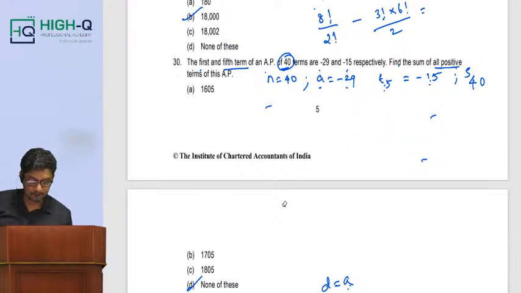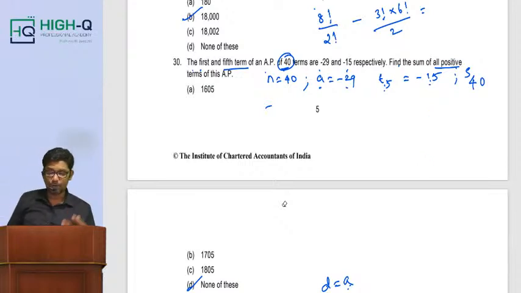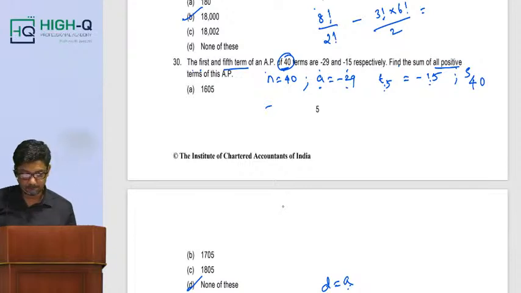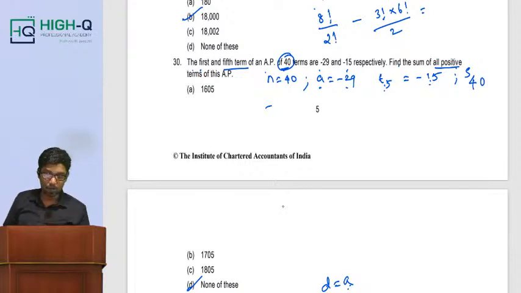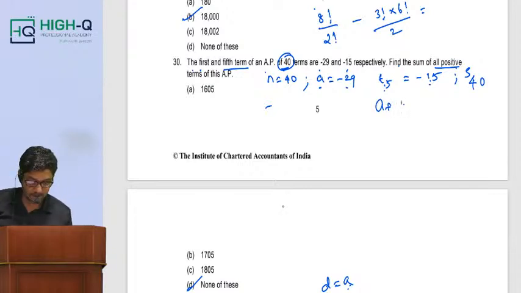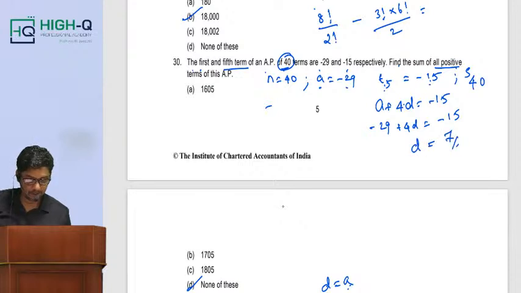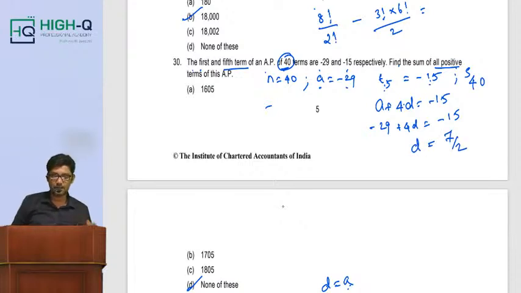Fine. Can you please tell me, this is minus 29. When does the positive term come, my dear? A is minus 29, and A plus 4D is equal to minus 15. So minus 29 plus 4D is equal to minus 15. So what is D equal to? 7 by 2. Now what will be the first positive term, my dear?